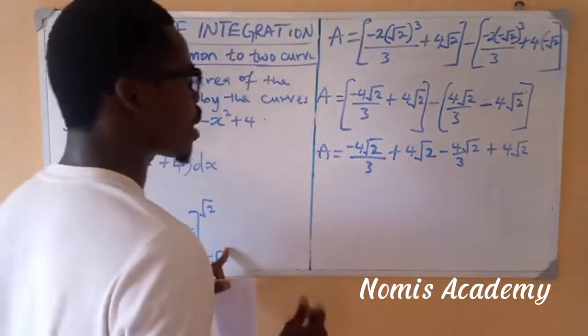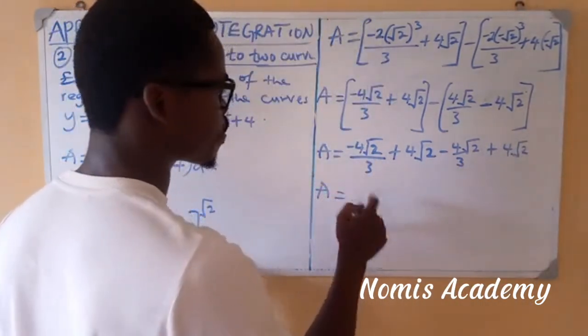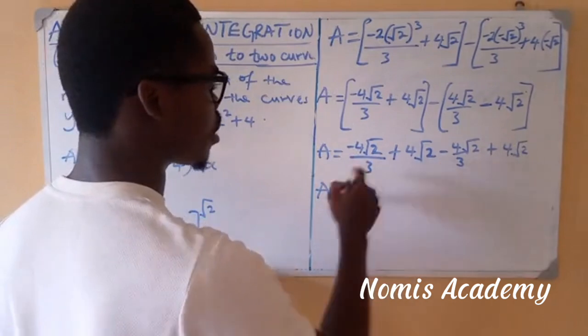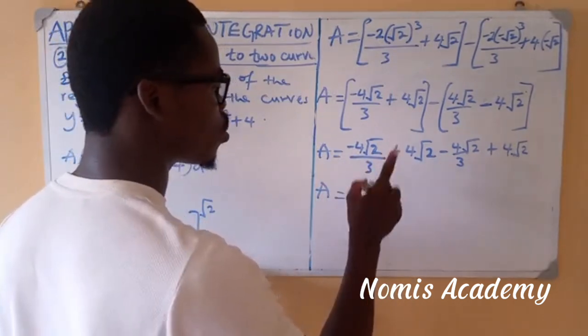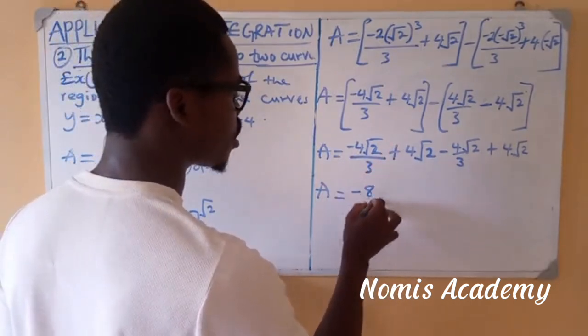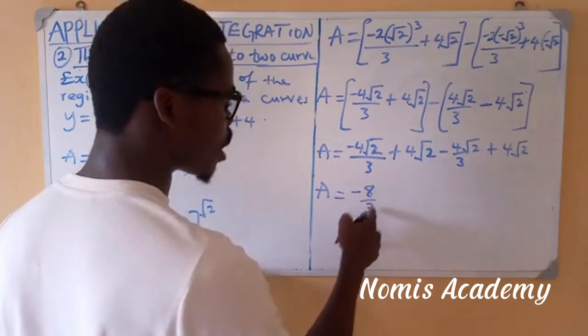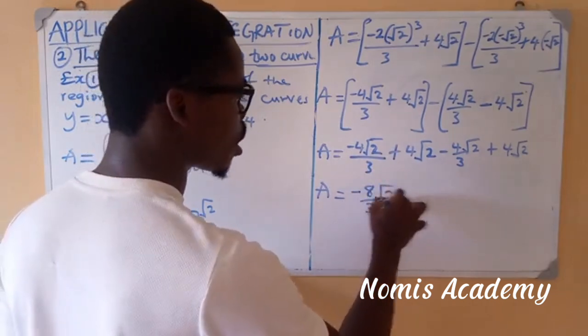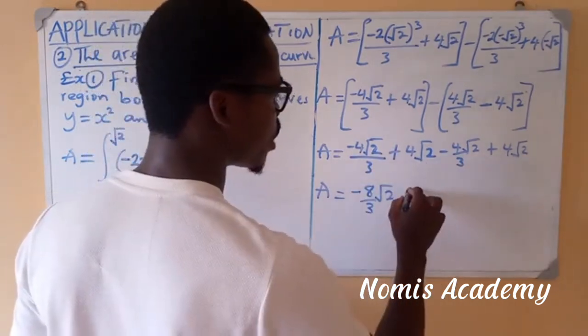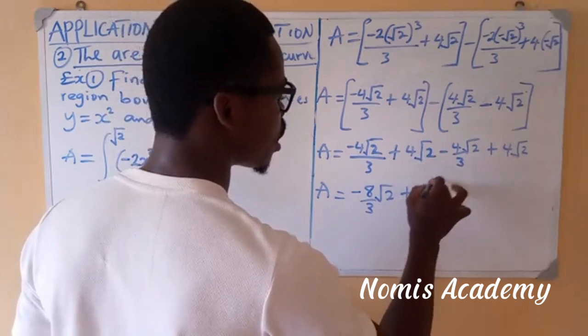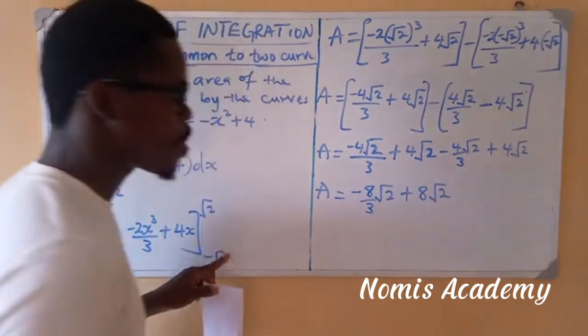So when we collect like terms, you see that this and this here will give us minus 8 over 3 root 2, and then we add up this together, that will give us plus 8 root 2.